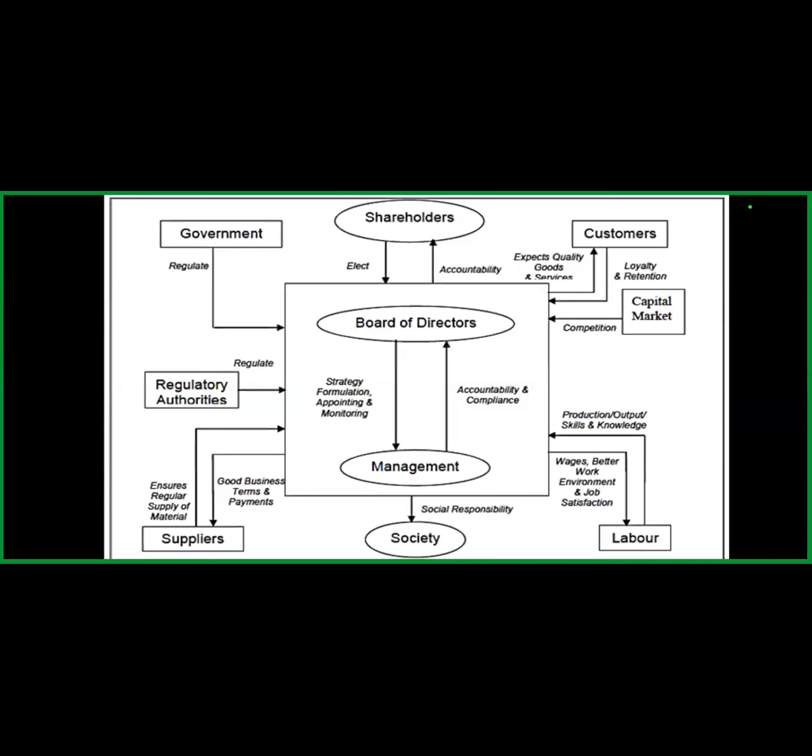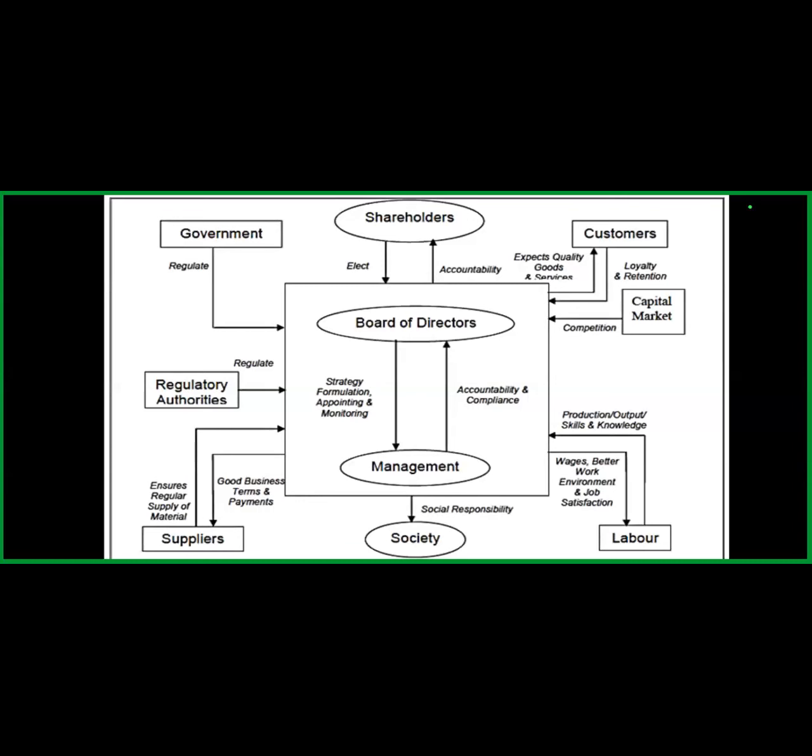Then the customers also play an important role, and then the labor also plays a very important role. What are the expectations of the customers? They expect good quality of goods and services.